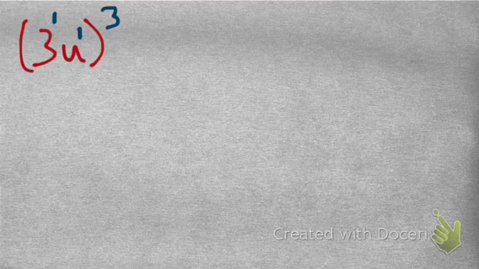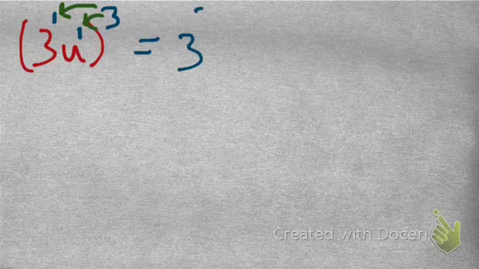And then if we use the new property that we just used, it tells me that I need to multiply the outside exponent of 3 into each of the exponents of the values inside. So of the coefficient 3 and of the variable u. So if we do that, we get 3 to the power 3, because 1 times 3 is 3, and u to the power 3.